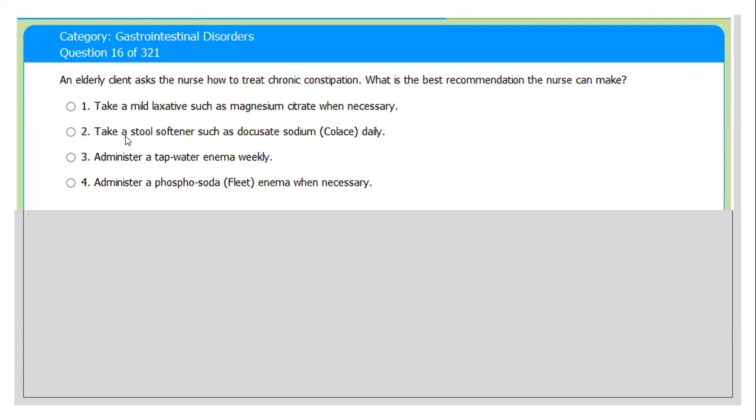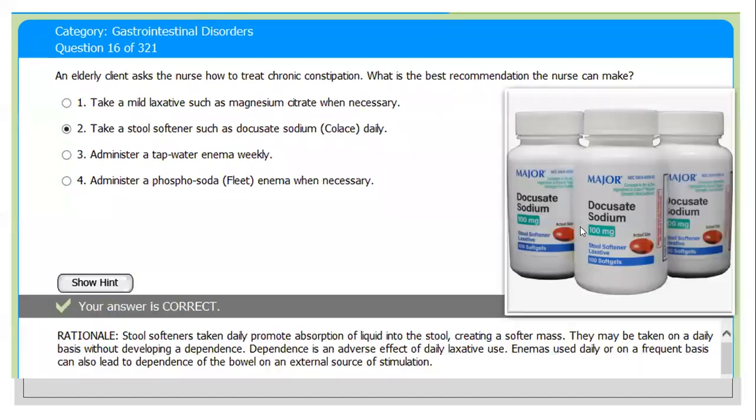Number two, take a stool softener such as docusate sodium. Number three, administer a tap water enema weekly. Number four, administer a phosphosoda enema when necessary. The correct answer is take a stool softener such as docusate sodium daily.